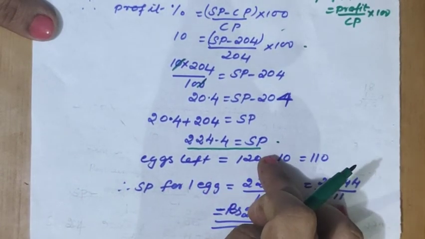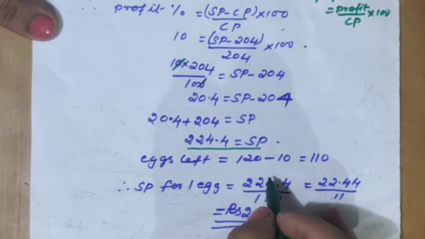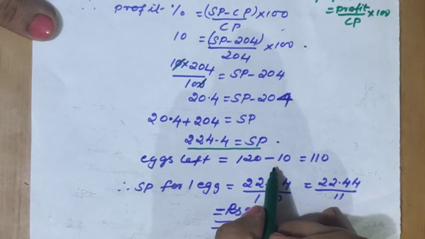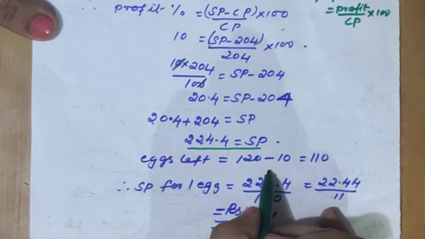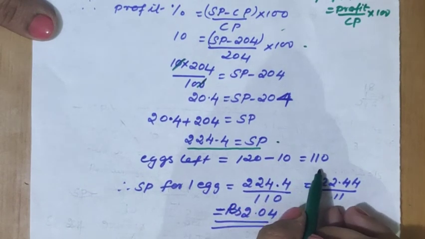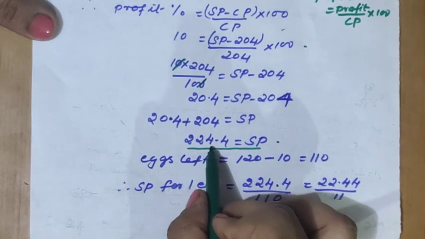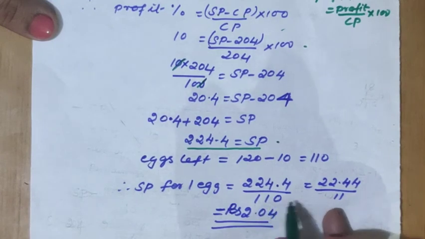Now the question asks for SP per egg, but how many eggs does he have now? 10 eggs were already thrown out because they were broken. So eggs left is equal to 120 minus 10, which is 110. So he has to make a profit on 110 eggs only now. So SP for 1 egg means 224.4 divided by 110.